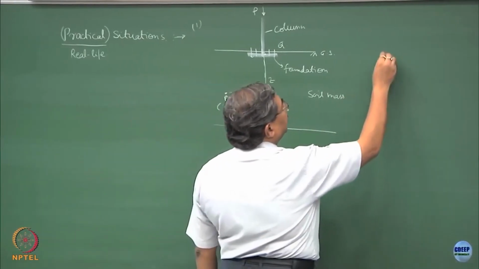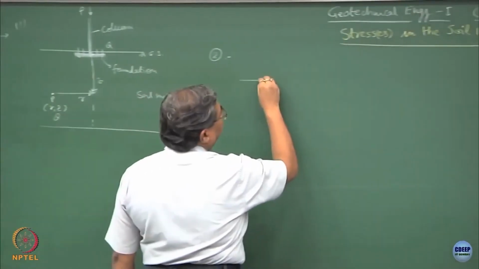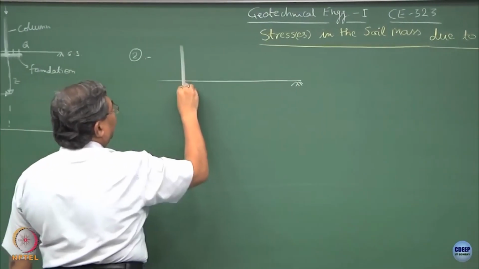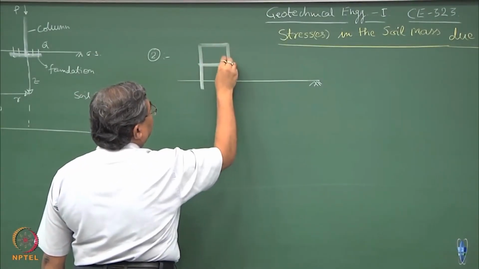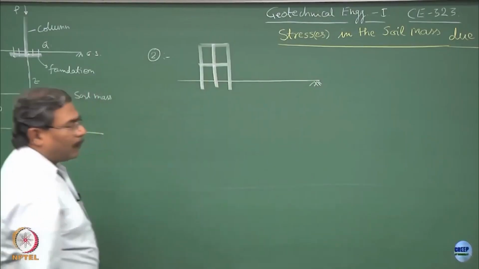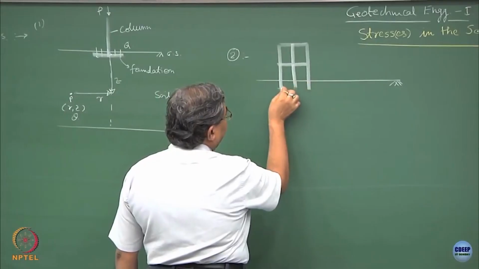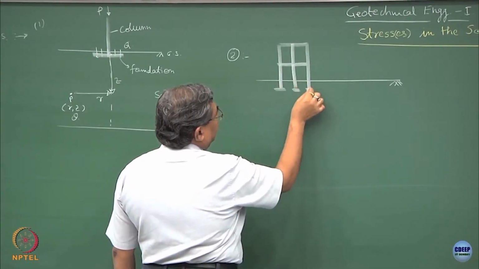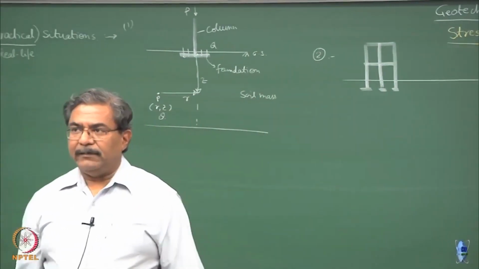There could be another situation like, suppose I have a multi-story building, so this is a multi-story building, and a situation like, let us say, Cuff Parade and most of the populated cities in the world where the cost of land is extremely high.